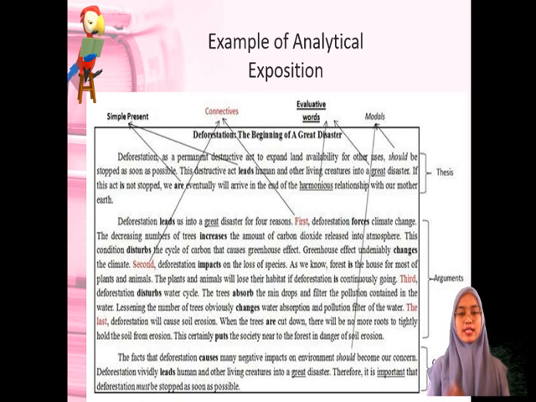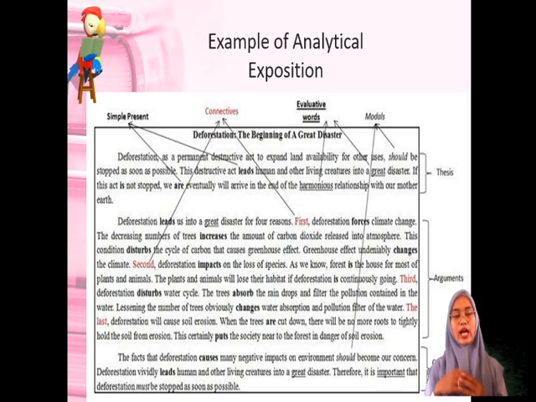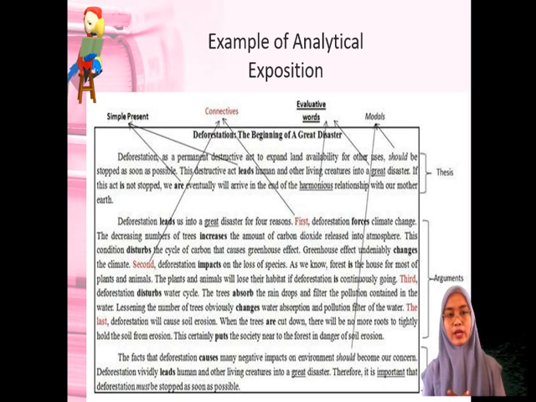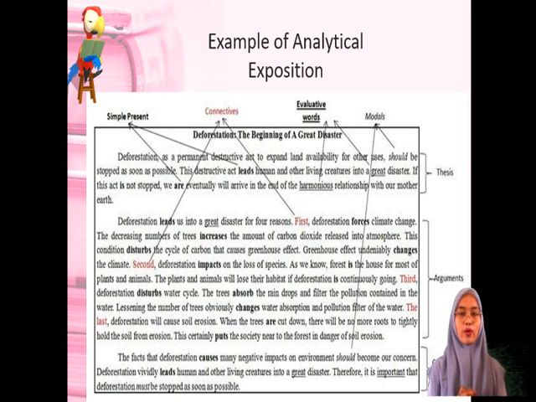Now, you can see the example, which explains each part of the analytical exposition and the language features. For example, start from simple present tense: you can see deletes, are, increase, disrupt, if the word is bold.